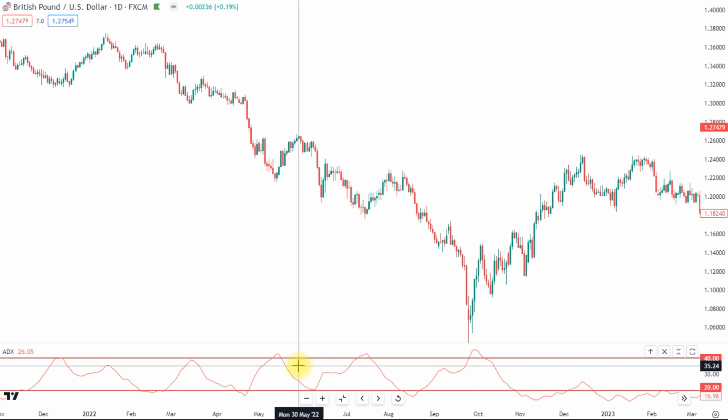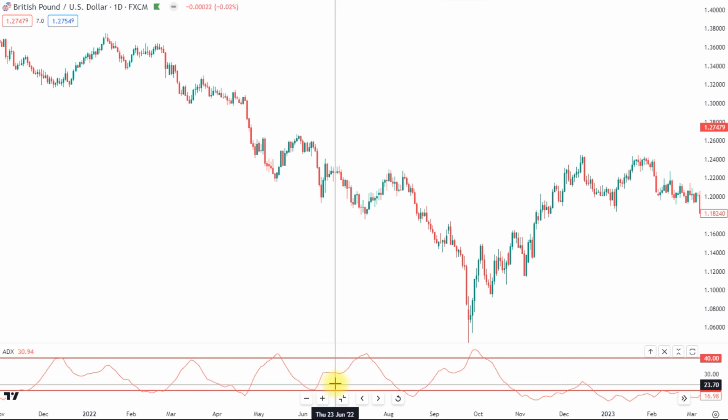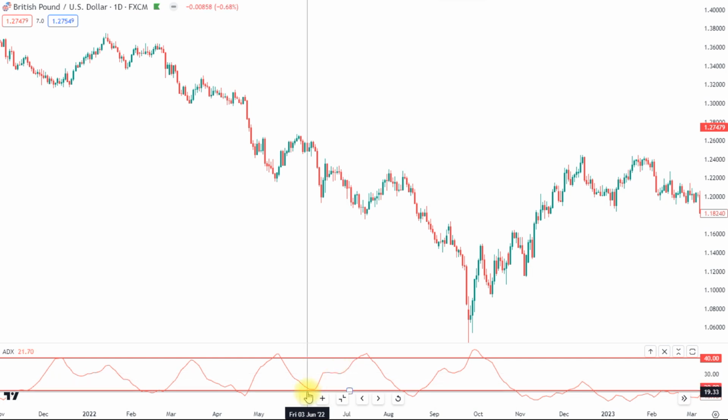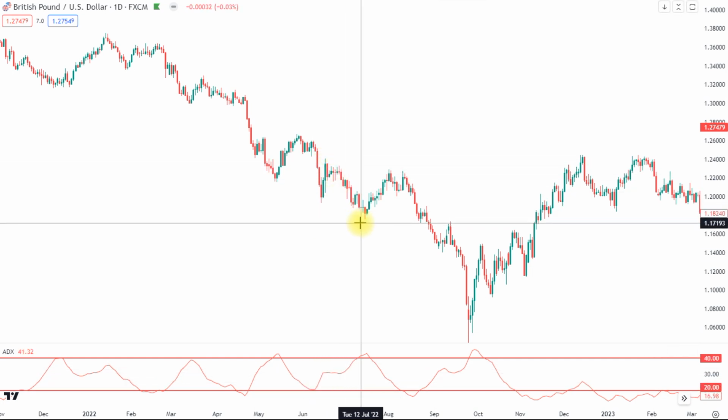So let's move on. We see here after the ADX barely touches the 20 line, it moves further up and also breaks through the 40 line, which is an indication for us again that the trend is strong here and the movement may end soon. And as you see, during the movement from the 20 to the 40, we had a trending movement.